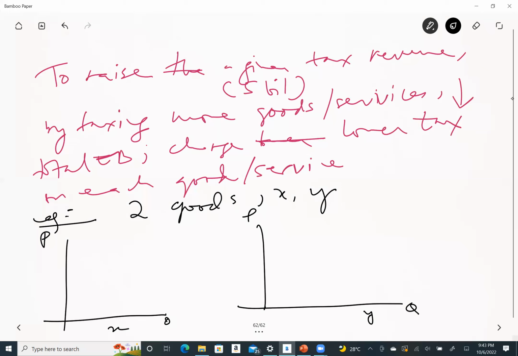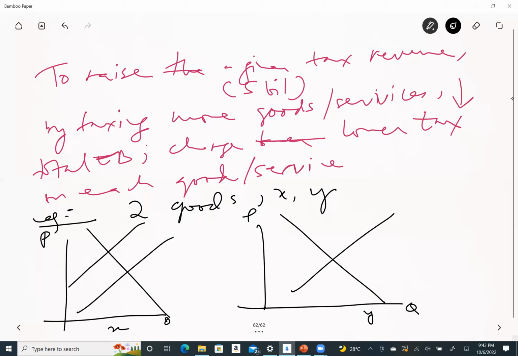Suppose you have the demand like this, and supply will be like that. Now let's say the tax will be between MC and MCT, here. You have the tax there, all right?